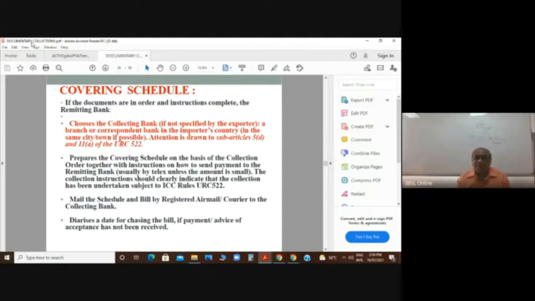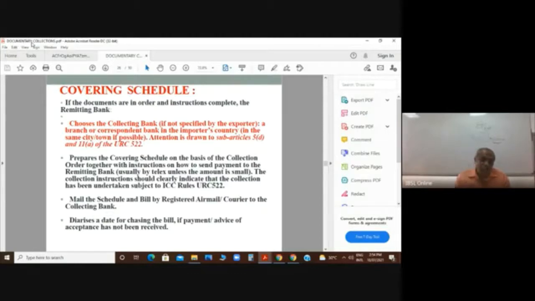Prepare the covering schedule on the basis of the collection order together with the instructions, right? Mail the schedule and the bill by registered mail or courier to the collecting bank. Diarize a date for chasing the bill if payment or advice of acceptance has not been received.